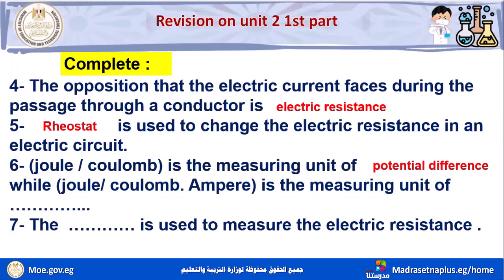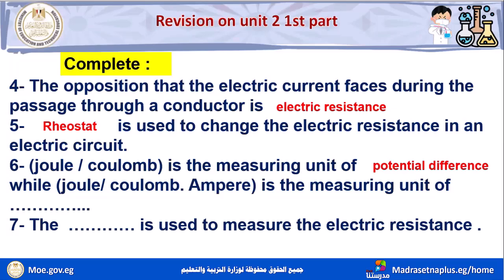Joule, the measuring unit of work, and coulomb, the measuring unit of amount of charge, equal potential difference. While joule per coulomb dot ampere is the measuring unit of resistance: joule is the measuring unit of work, coulomb the measuring unit of amount of charge, dot ampere the measuring unit of current intensity.